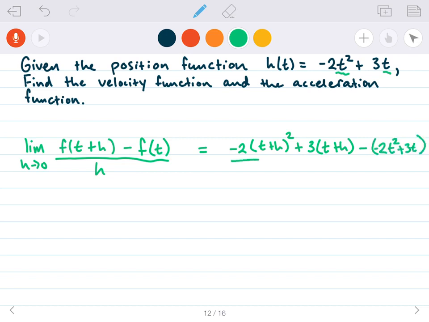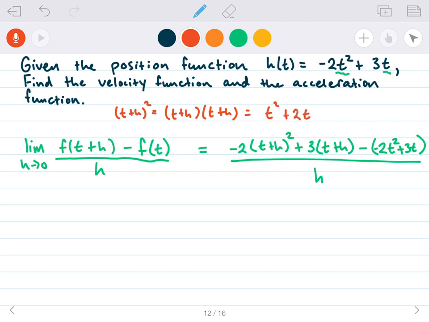That's going to all be over h. And then I can start doing the algebra. So t plus h squared, I'm going to just do this off to the side. Let's see what this is. Okay, so let's carry that down.